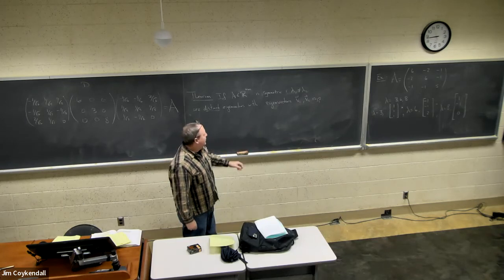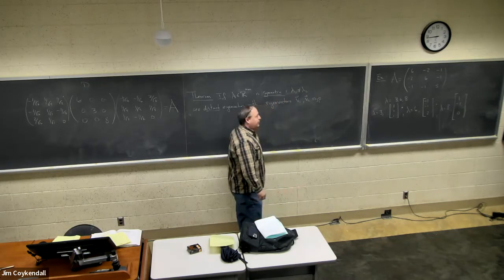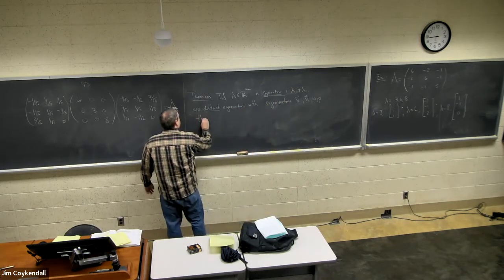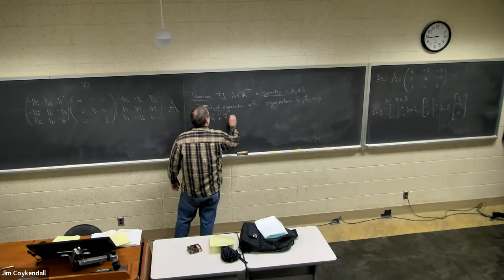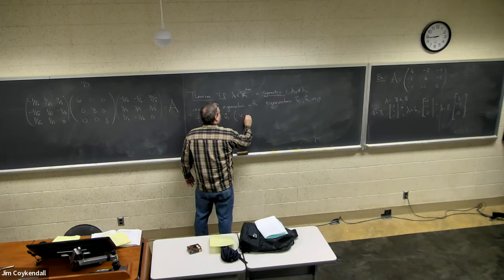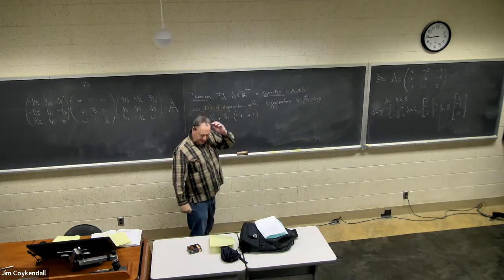That's a much older theorem. But if the matrix is symmetric and the eigenvalues are different, then they're orthogonal. So the inner product of b1 and b2, or the dot product in this case, is zero.